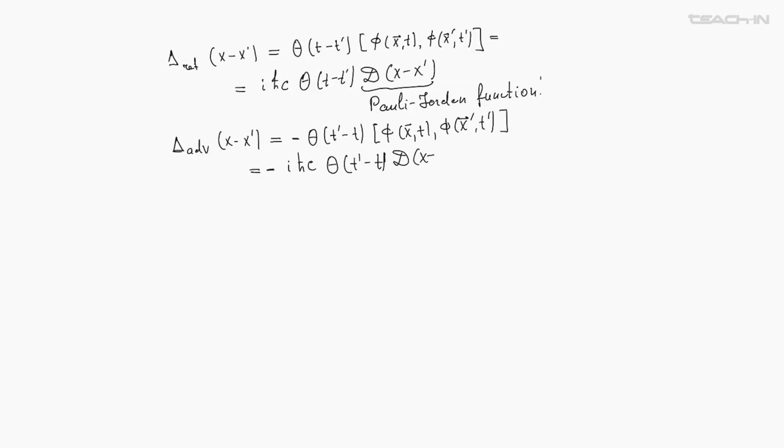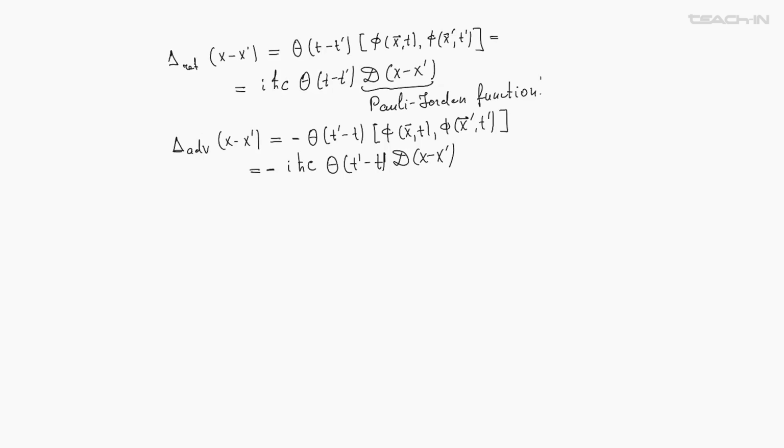Of course, we have to show that the functions introduced in such a way are really Green's functions. In other words, they solve the Klein-Gordon equation with a delta function source on the right-hand side.